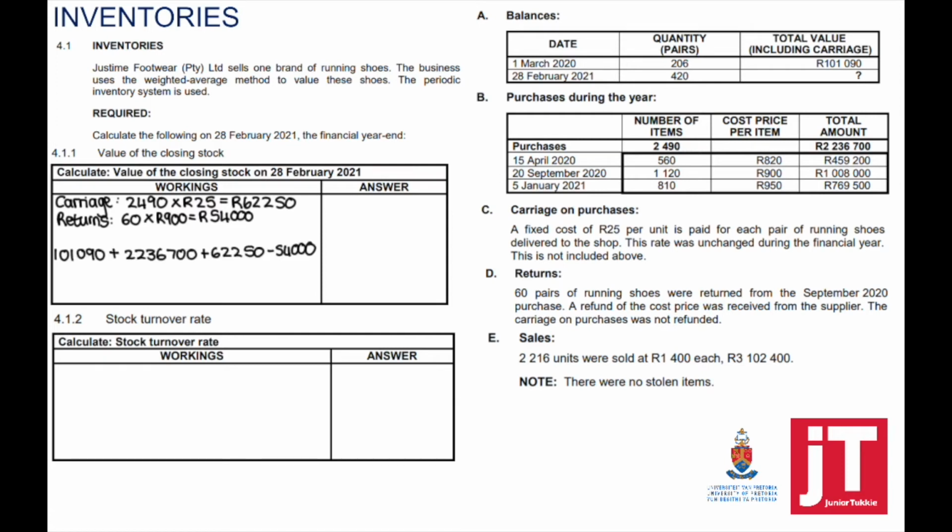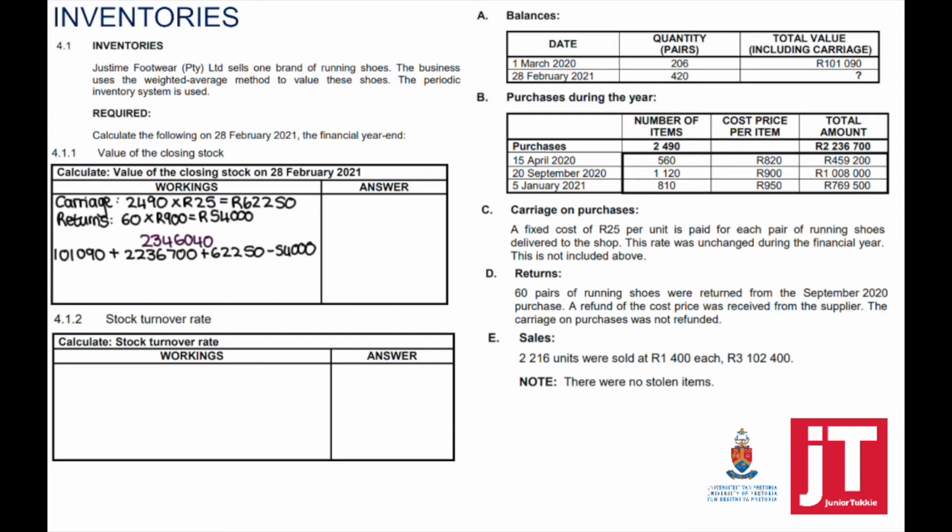So opening stock was given to us, plus purchases, plus carriage on purchase, which we've calculated, minus returns, which we've already calculated.